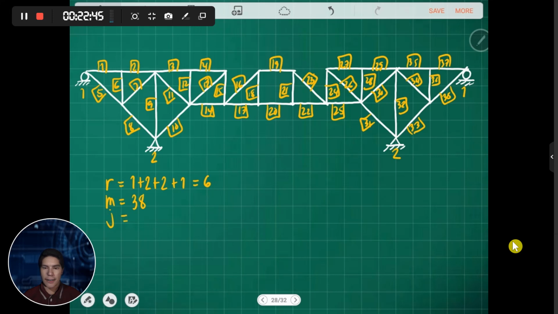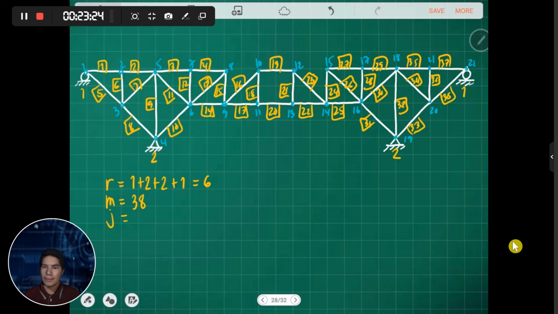The number of joints, we have 1, 2, 3, up to 20, 21, and 22. So we have 22 joints.